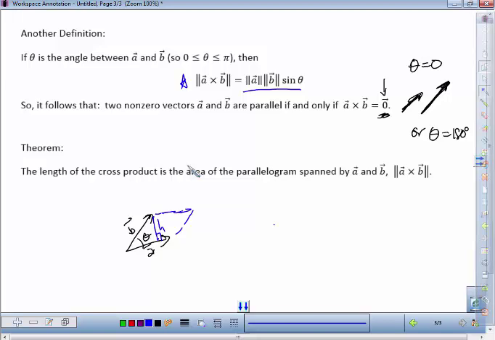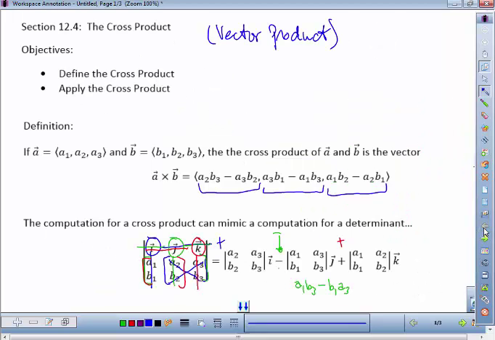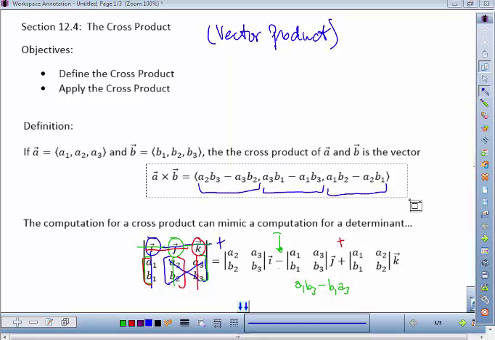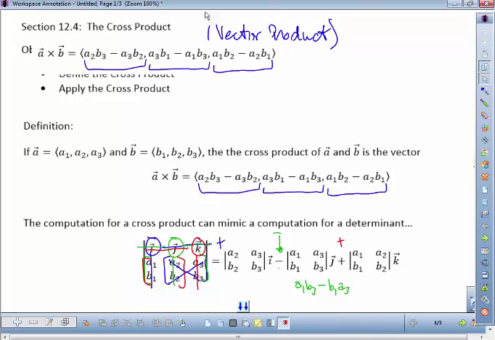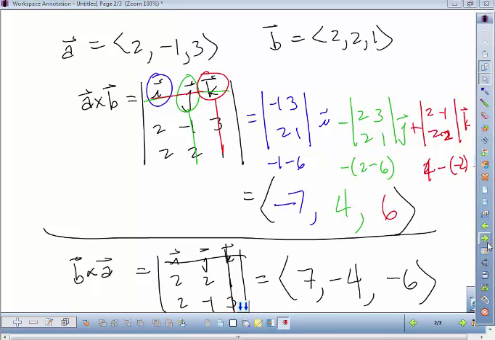All right, there's one more very important fact about the cross product that we're going to discuss. For that, I'm going to go back to the actual formula and copy it.